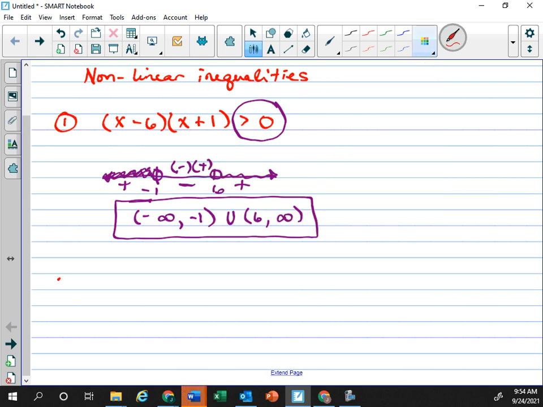Let's try again, guys. Let's do a fraction here. Let's do, actually not a fraction yet. Let's do this one first. x minus 3 quantity squared times x plus 1 times x plus 4 cubed, and we'll say greater than or equal to 0.